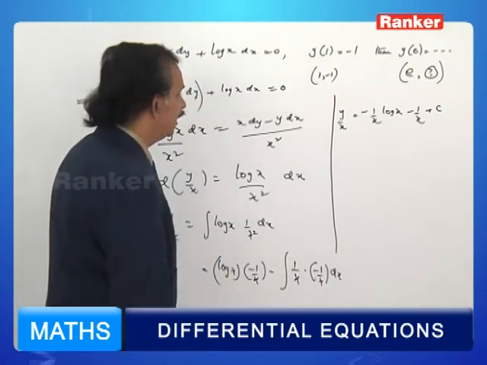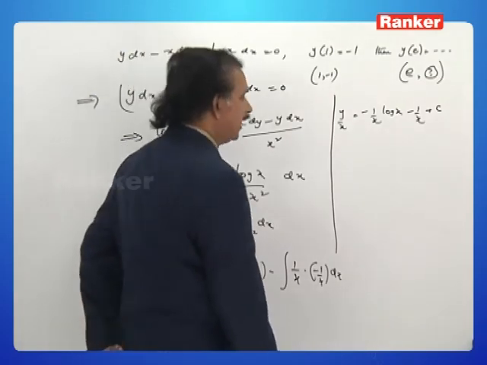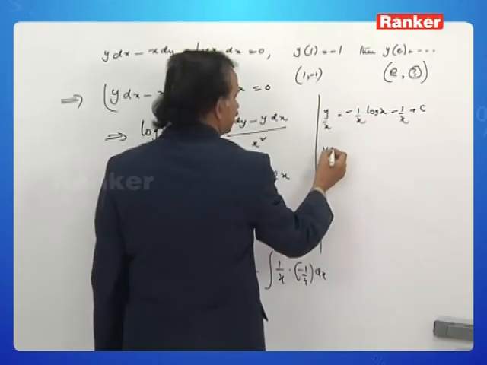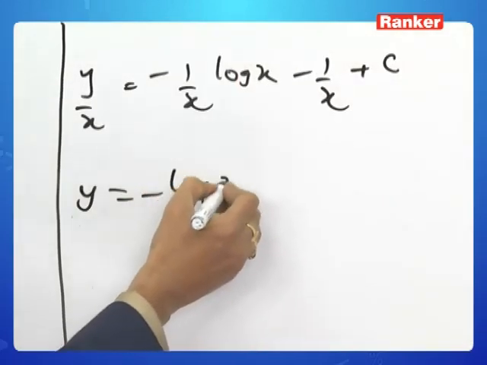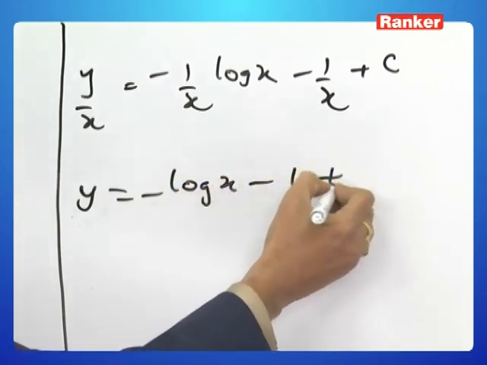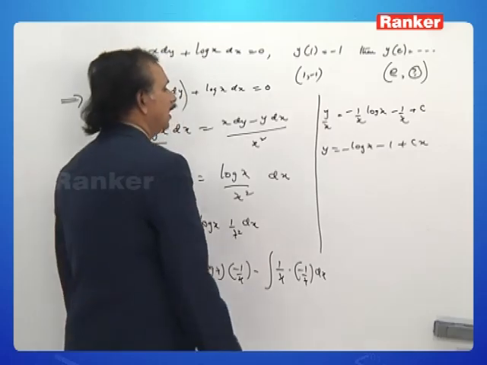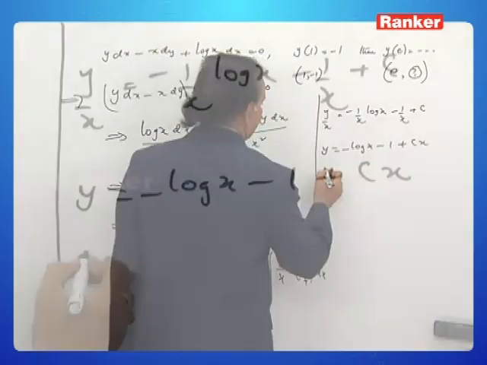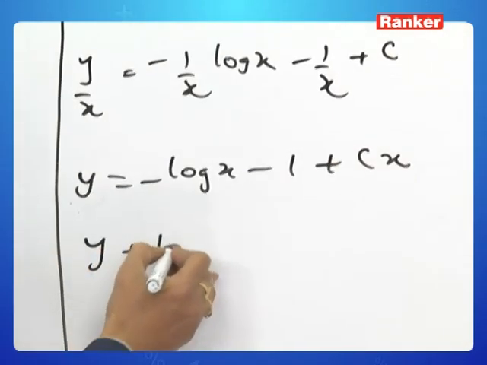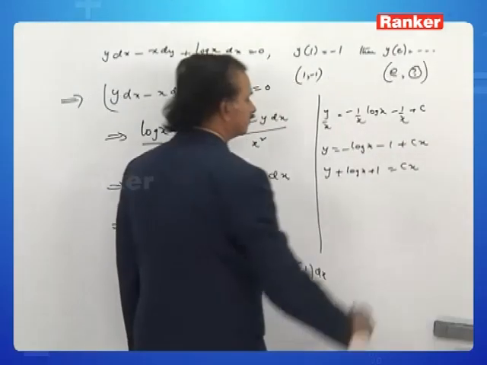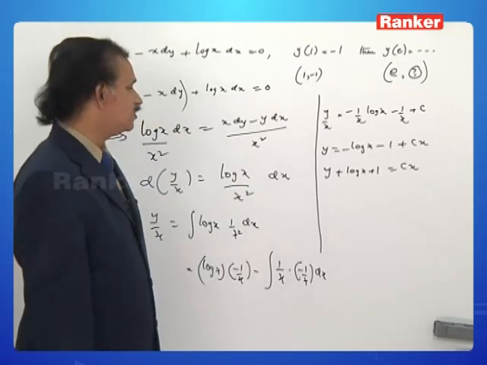Let me multiply throughout by x. What is going to happen? y is equal to minus log x minus 1 plus cx. That is, y plus log x plus 1 is equal to cx. That is the ultimate solution.